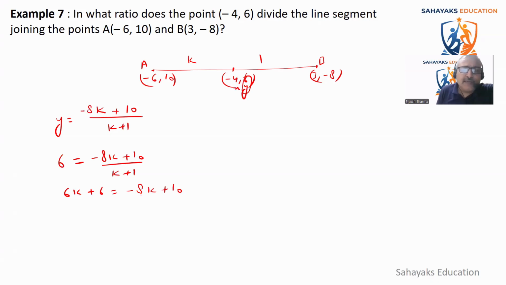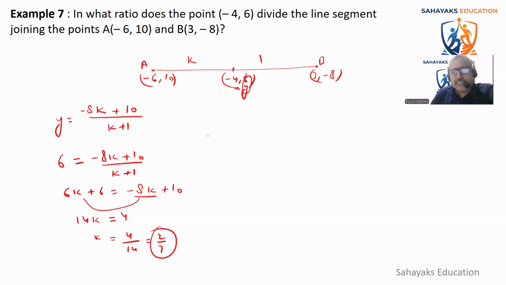So I'll move the variables on one side and constants on the other side. So 6k plus 8k is 14k is equal to 10 minus 6 is 4, right? So k is equal to 4 divided by 14, that is equal to 2 by 7.